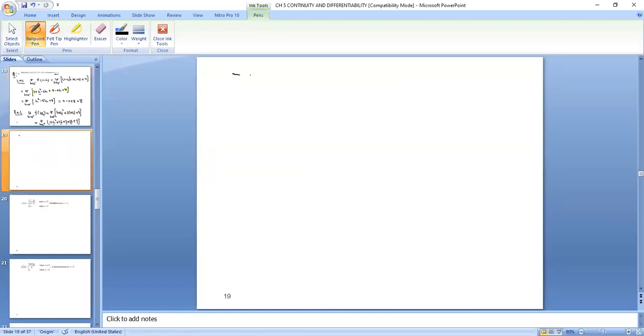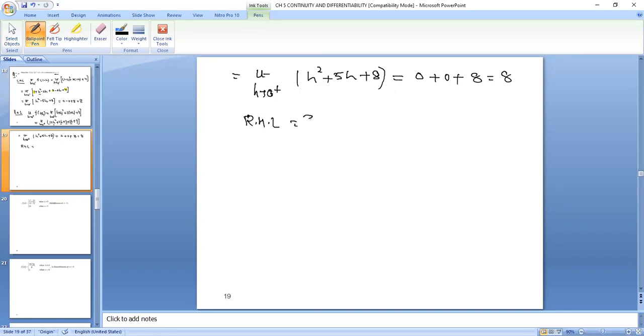So we will be having limit h tending to 0 positive h square plus 5h plus 8. Put the value of h as 0. So it will be 0 plus 0 plus 8, which is equal to 8. So right hand limit is equal to 8.